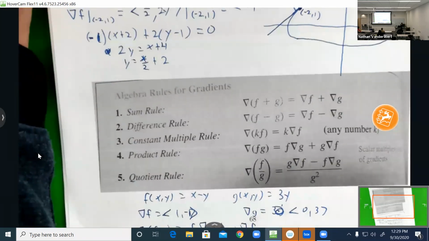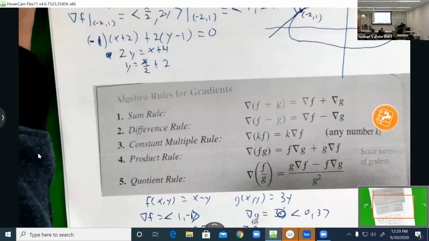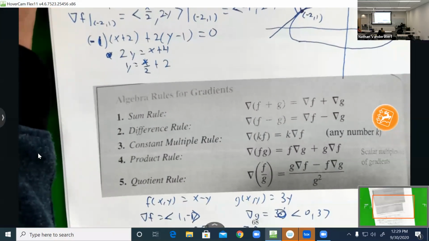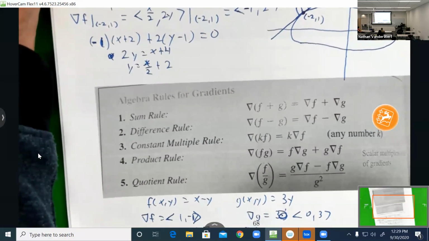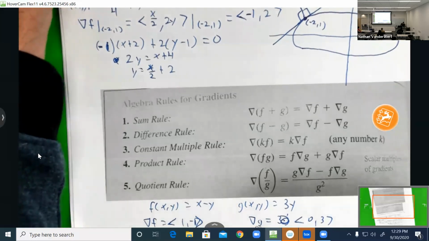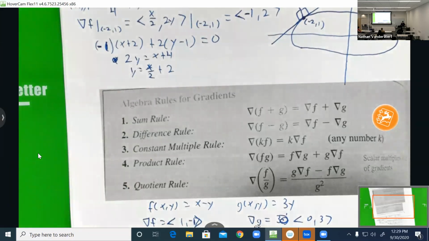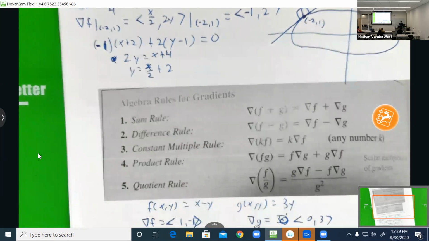And then we talked about some of the rules that we have for gradients. Basically it follows the product rule, the quotient rule, all the rules that we would expect a derivative type of object to satisfy. So now we have a few more things to do in this section.